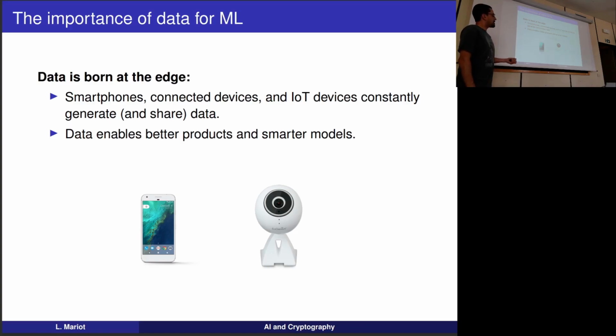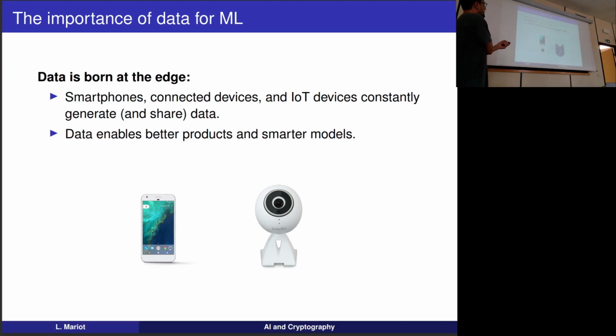And so the data are usually generated on edge devices like smartphones or cameras or other IoT devices. And these data, of course, produce better models, smarter models. What is the problem?